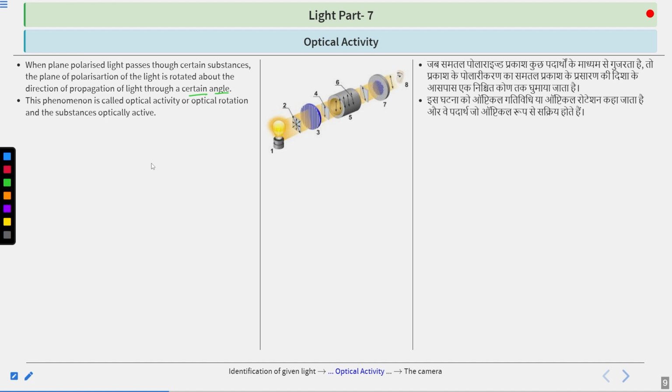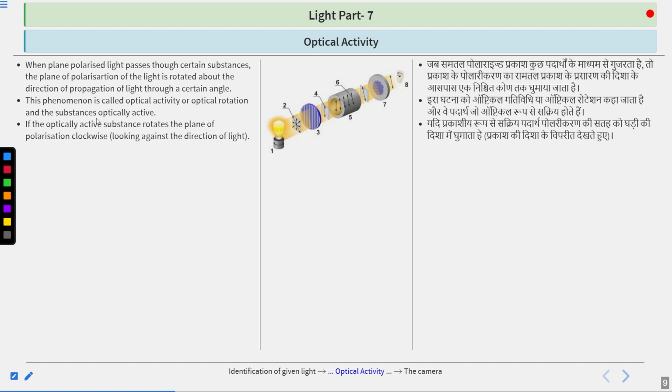We couldn't say any angle, we say certain or specific angles. That is why it is also known as optical rotation, or commonly optical activity. The substance must be optically active. If it is not optically active, it will not be able to give us this optical rotation.